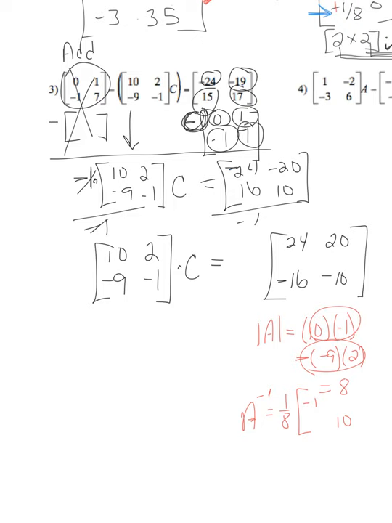So it's going to make it -2 and +9. So I'm just going to multiply that in now. So multiplying the 1/8 in there gives me an inverse of -1/8, -2/8, which is -1/4, 9/8, and 10/8, which is 5/4.